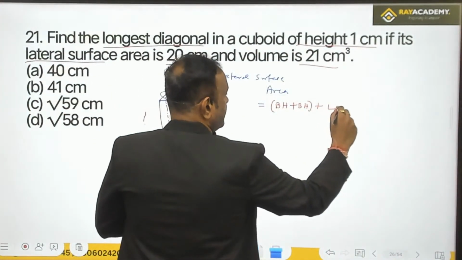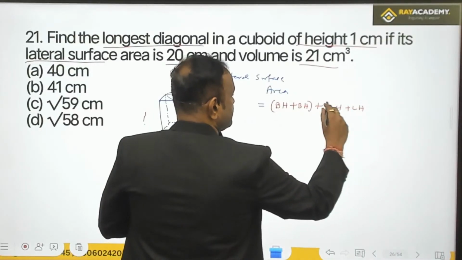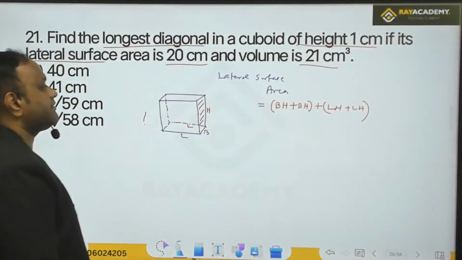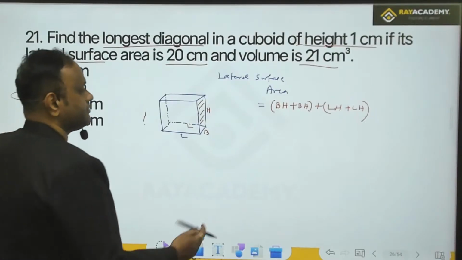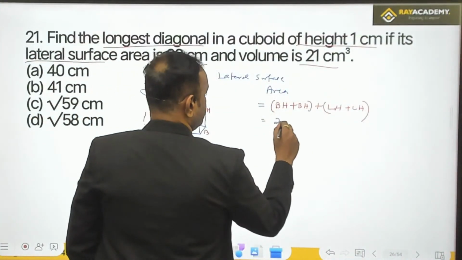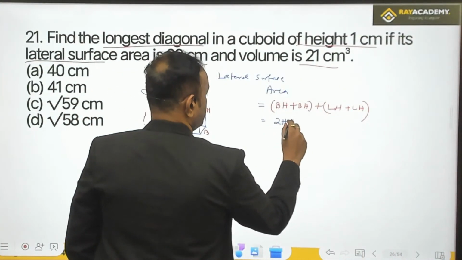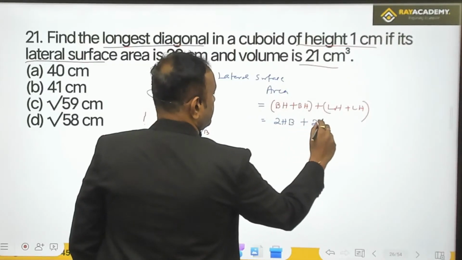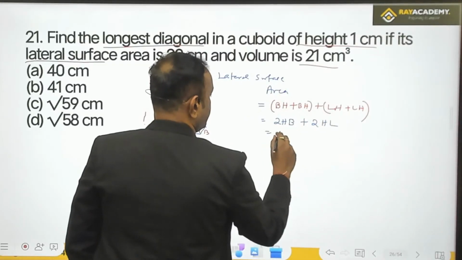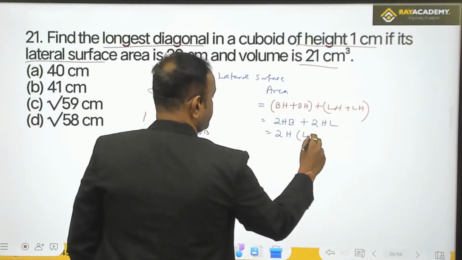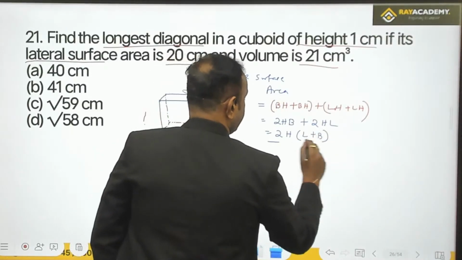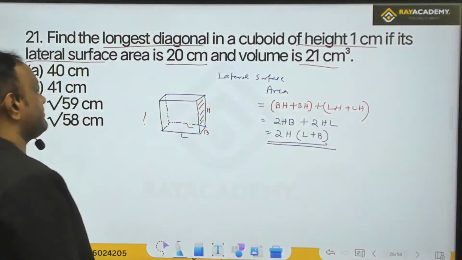The back side is also the same, LH. This is the total lateral surface area of a cuboid. So you can say this is 2BH plus 2HL. If you take 2H common, that is 2H into L plus B. This is the lateral surface area of a cuboid.